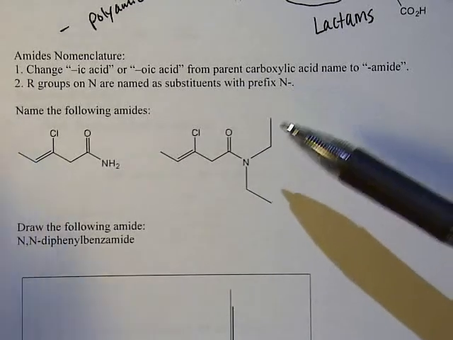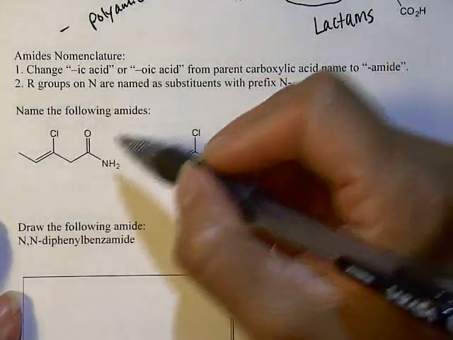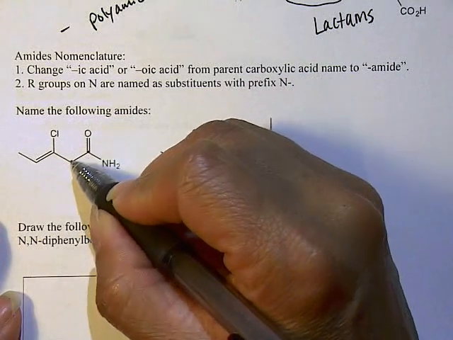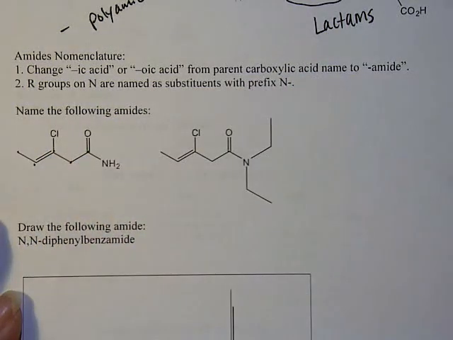All right, so let's do a few examples. We'll start out with the simple one, and so take a look at that structure and ask yourself, what would be the parent carboxylic acid? All right, so if this was OH here, you would name this 1, 2, 3, 4, 5. 5 carbons is the longest.